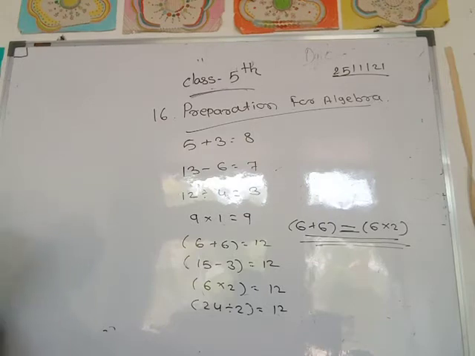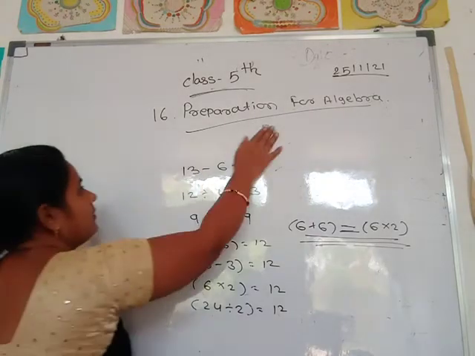Then see problem set 54. Using brackets, write three pairs of numbers whose sum is 13. Use them to write three equalities. By using these brackets, write the three pairs of numbers whose sum is 13.